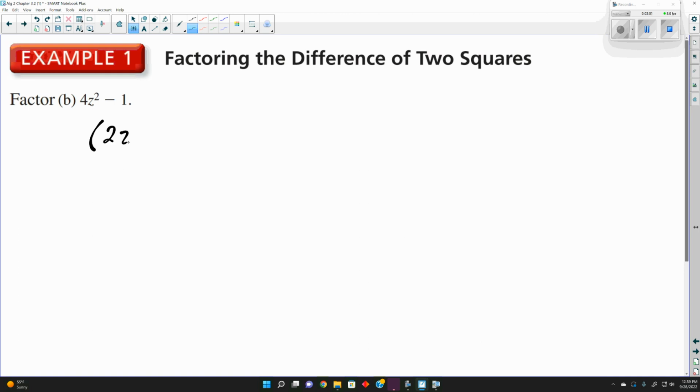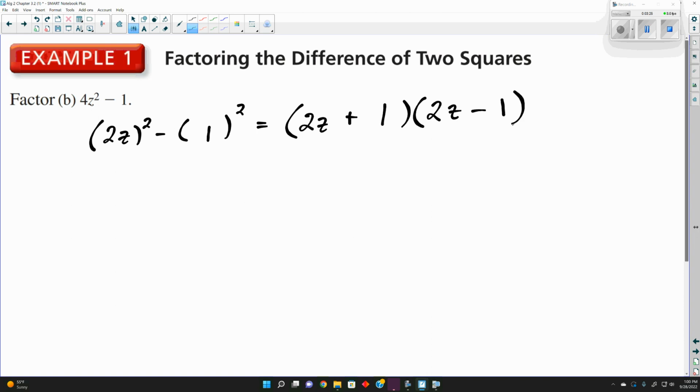So we could say it's 2z squared minus, what times itself is 1? So kind of keeping into that form of a plus b times a minus b. So here our a term is 2z plus our b term is 1. And then we would have 2z minus 1.